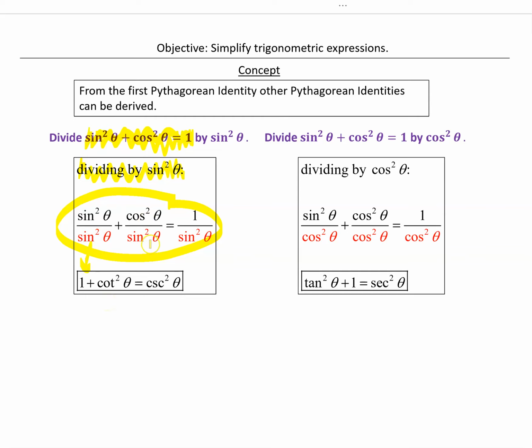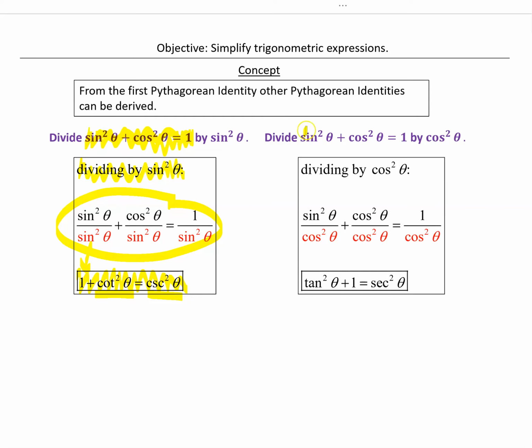Cosine squared over sine squared: we have a quotient identity that says cosine over sine is cotangent, so because the exponents match, it will be cotangent squared of angle theta. And 1 over sine and cosecant are reciprocals, so 1 over sine squared becomes cosecant squared. So we have 1 plus cotangent squared theta equals cosecant squared theta.